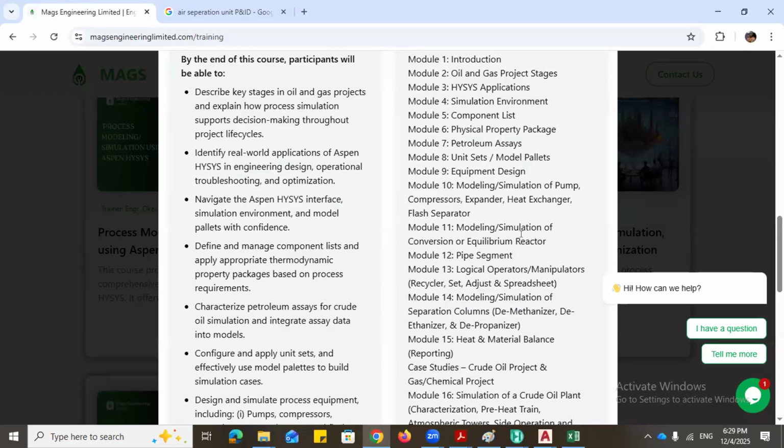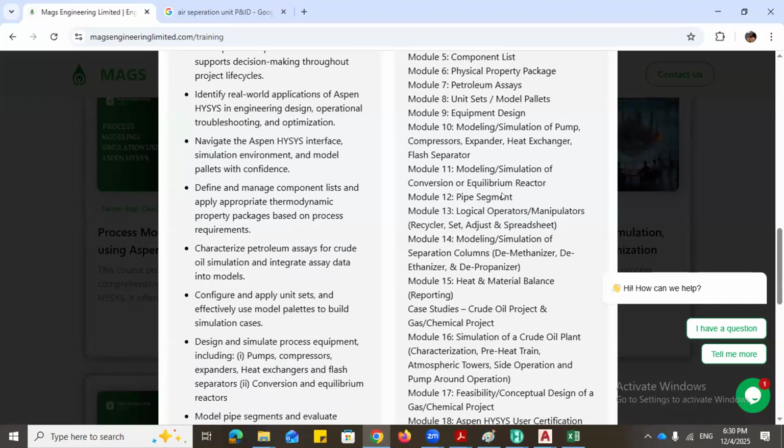We have so many kinds of reactors: equilibrium reactor, conversion reactor, plug flow reactor, and so on. All of them have their applications. Pipe segments that I told you will be using in the fixed stage of design. Logical operators, modeling, simulation, separation columns for gas engineers. Data, material balance, reporting. This is a crude oil project.